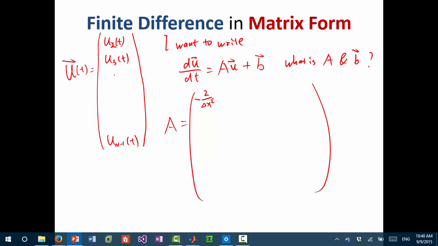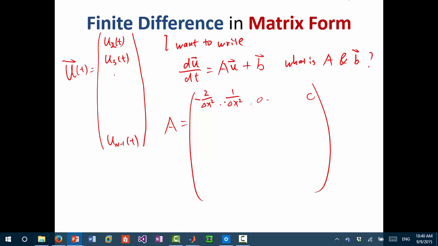This is the term that is going to contribute to the time derivative of u2, multiplied by u2 itself. And then the second entry on the first line is 1 over delta x squared. It is multiplied with u3 and contributes to the time derivative of u2. And all the others are 0.